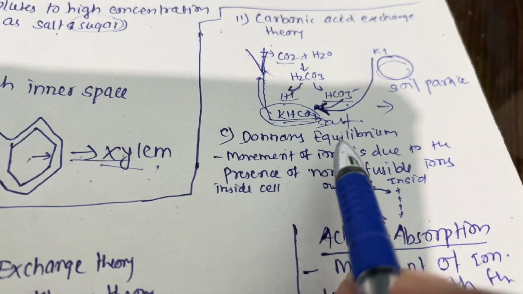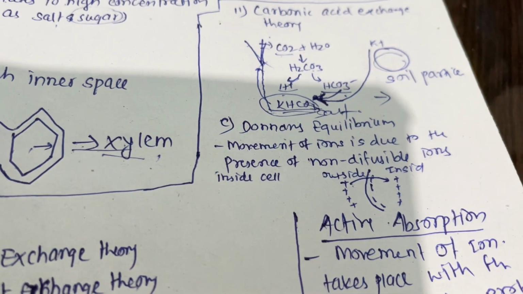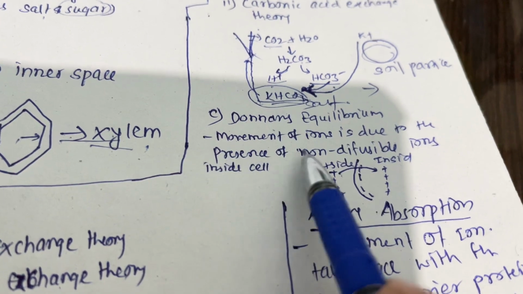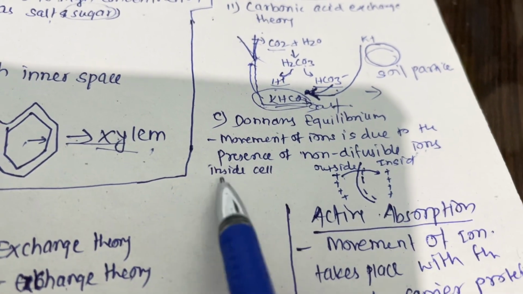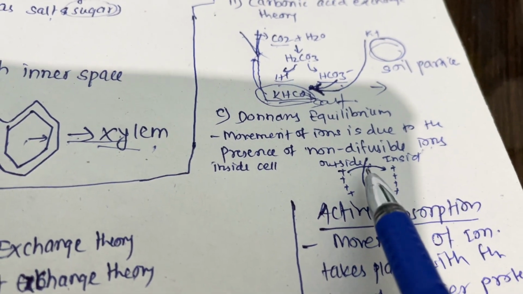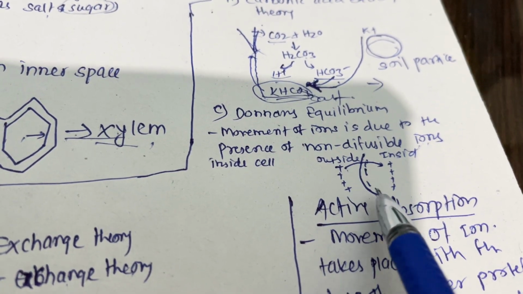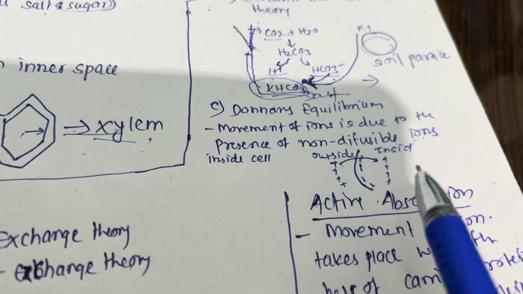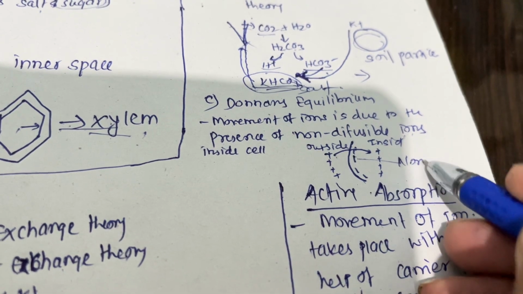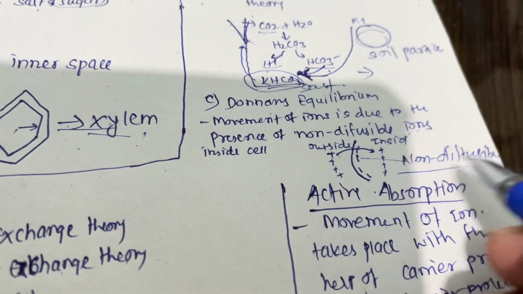Now another one is the Donnan equilibrium. This name was given after the scientist who developed this theory. The movement of ions is due to the presence of non-diffusible ions present inside the cell. Suppose, for example, this is the cell wall, and these are the negatively charged anions, and these are non-diffusible.